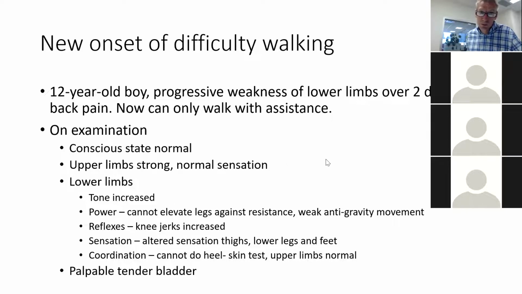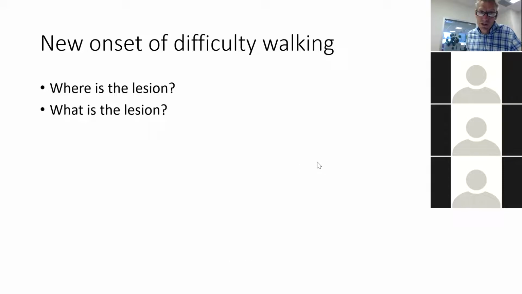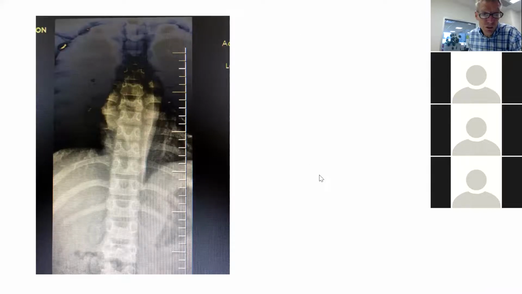So this was what this boy presented with, and I just wanted to show you. Again, we ask ourselves, where is the lesion, followed by what is the lesion? So this was the boy who presented, and I wonder if you can see what's going on here.